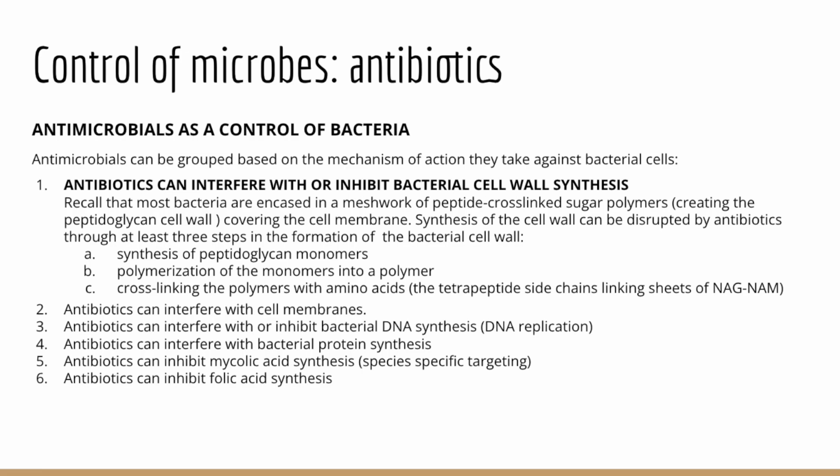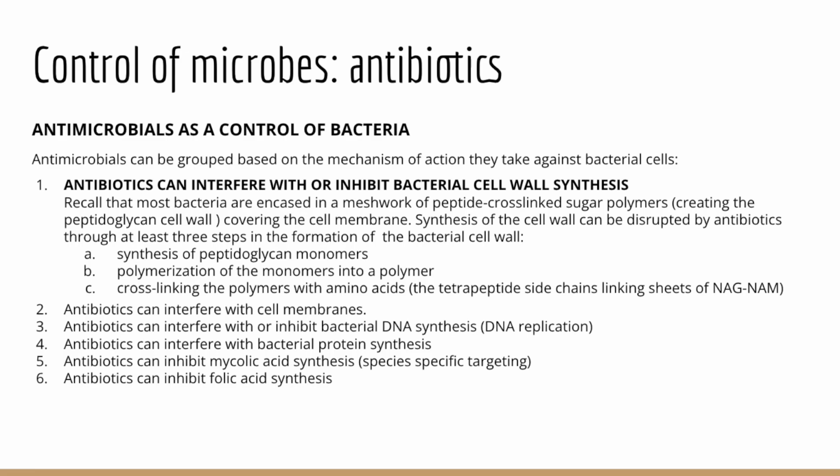The cell membrane has no strong outer wall to bump up against, so it continues to bulge out and bulge out, and we see the weakened portions of the cell wall being pushed upon by the cell membrane as water moves into the cell, and ultimately that leads to cell lysis. So this is one way antibiotics can interfere with or control growth.